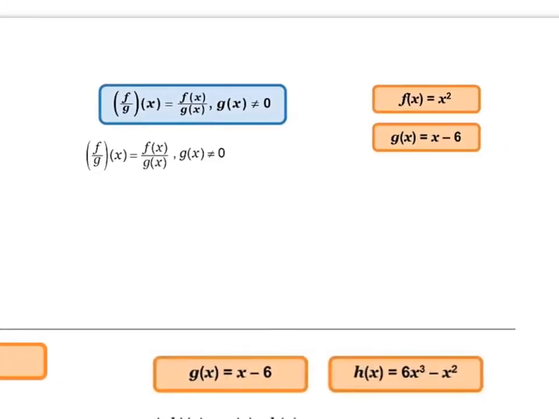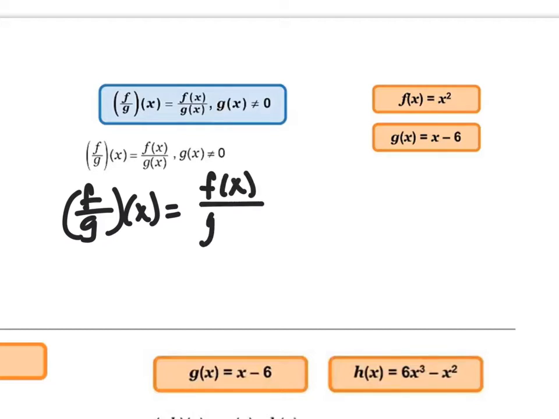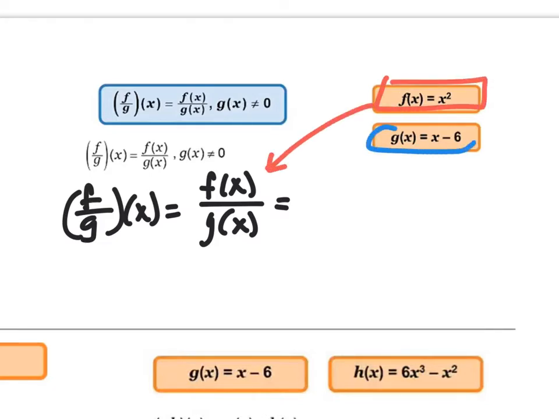Or you can divide functions and get a new function. So if you see f over g of x is equal to f of x divided by g of x, provided that g of x cannot be 0, let's just write that. So if I wanted to say f over g of x, that's equal to f of x divided by g of x, which is going to give me, let's take x squared, plug it in for f of x, and let's take g of x, which is x minus 6, and plug it in down here.